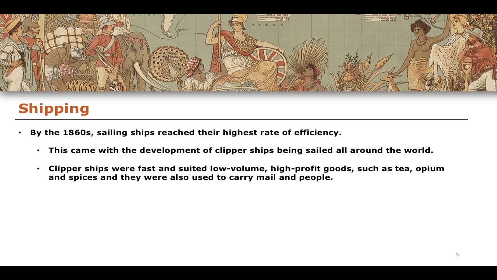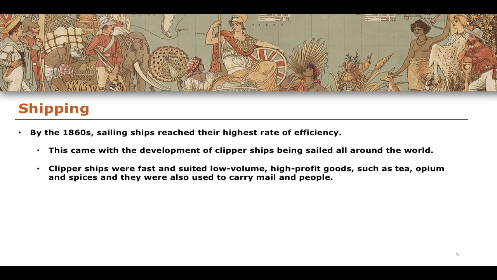And that's really where the empire begins to flourish in terms of its economic ability to develop trading in certain goods. So low volume, high profit goods included things like tea, which was very high profit, opium and spices. They were also able to carry mail and people.